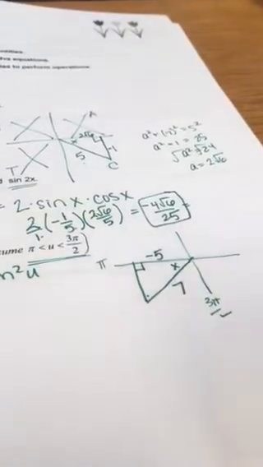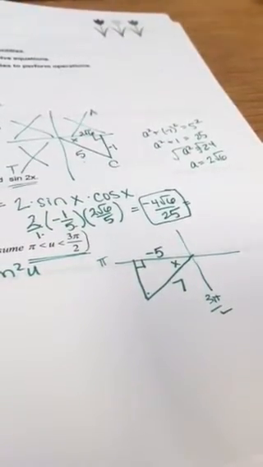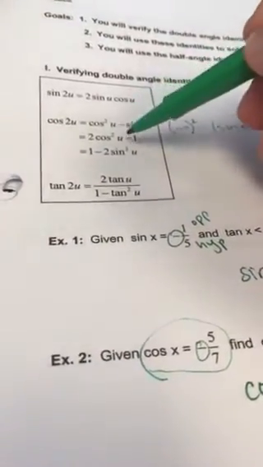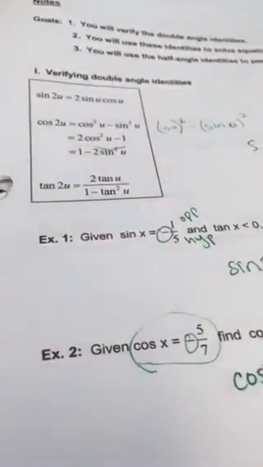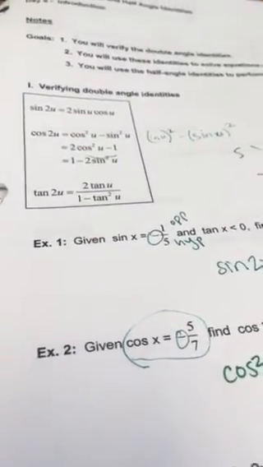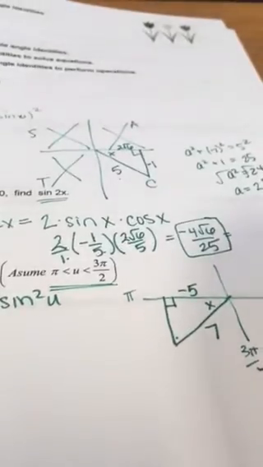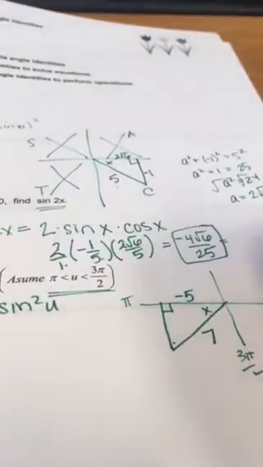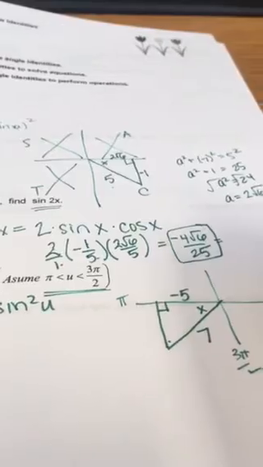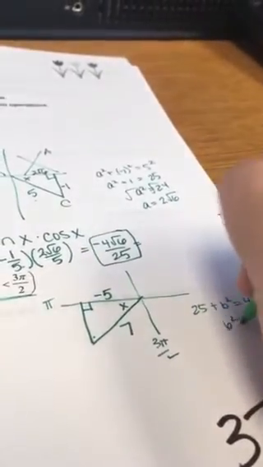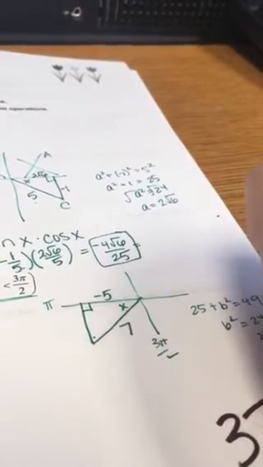But I want to backtrack because I have an easy approach. If you have all these formulas to pick from, pick the one that just has cosine in it. Why would I do more work than I really have to? If you want to keep going with this, go with it. You'll get it either way. So you do Pythagorean theorem: a squared plus b squared is equal to c squared. B squared equals 24, so 2√6 for that side, and it's a negative.